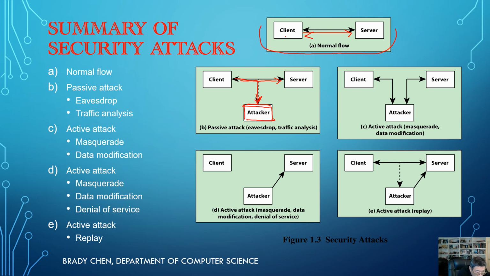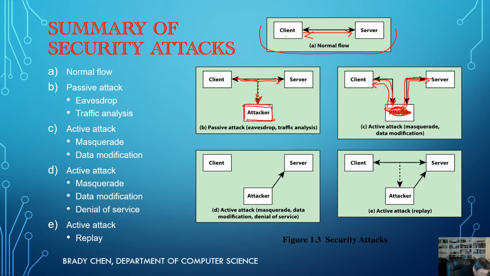Now, one of the active attacks is that the attacker receives the message from the client, modifies the message, and then sends it to the server, pretending he is the original client. Then the server tries to send a message back to the client, but instead it is sent back to the attacker. The attacker modifies the message and sends it to the client. So the attacker intercepted the messages, modified them, and messed up the whole communication.